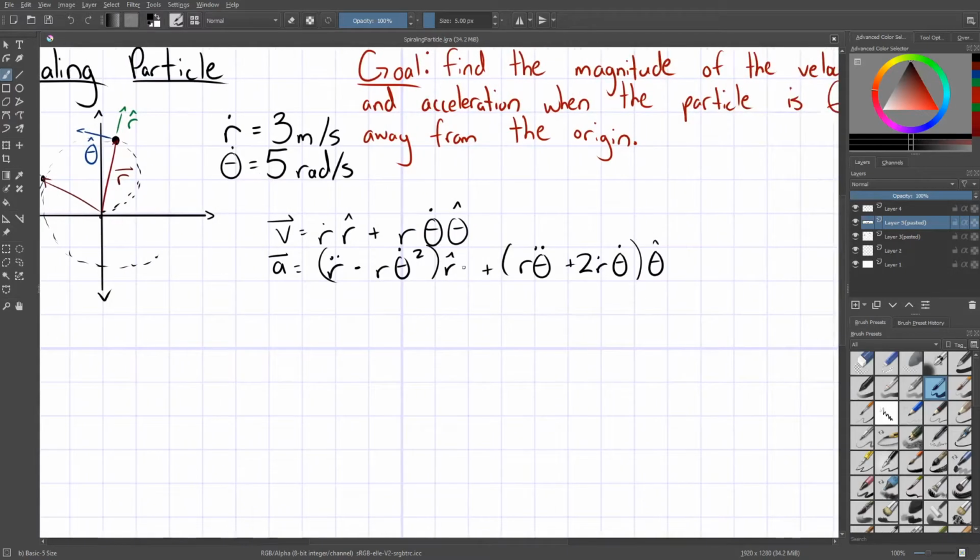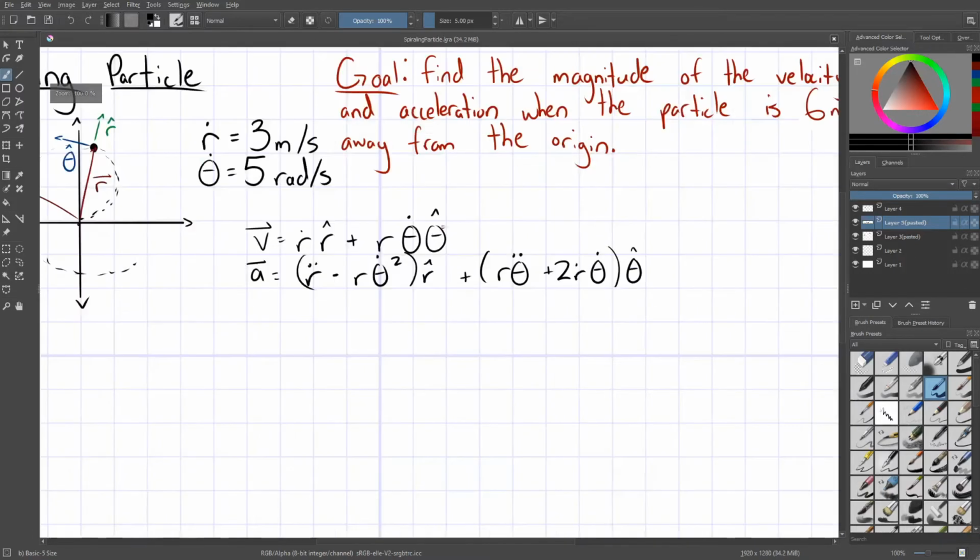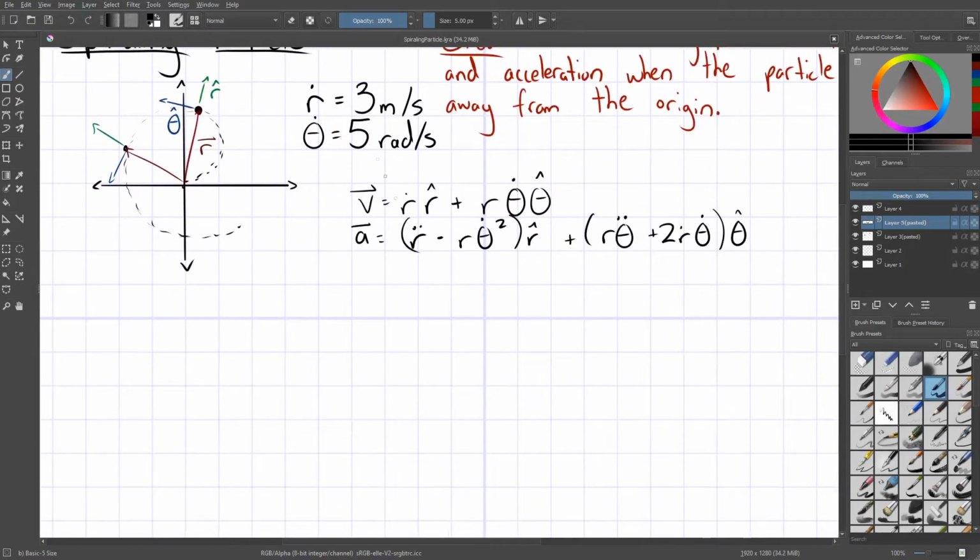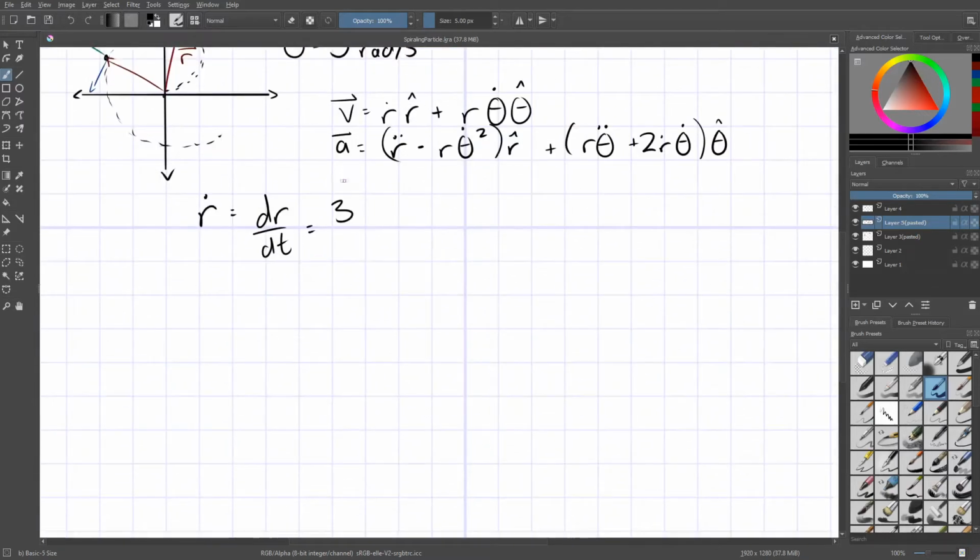So it's a good idea to start by solving for our velocity vector and acceleration vector, right? And so what we know is r dot and theta dot right now. So what we should do is figure out all these other components, right? So if r dot equals dr over dt, which equals 3, I could say that dr equals 3 dt, right?